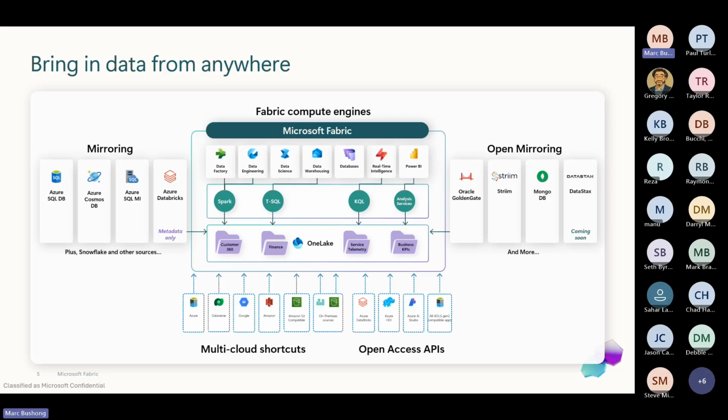Shortcuts and mirrors. So these data agents are not just going to be able to sit on data that lives physically inside of OneLake, like actually loaded into OneLake. They're going to be able to reach and extend out inside and outside of Azure through shortcuts and mirrors.